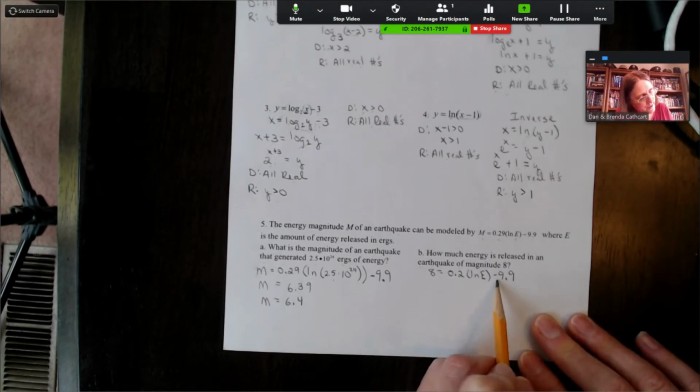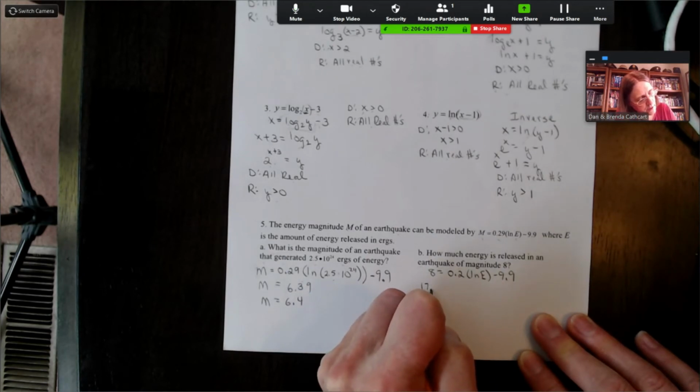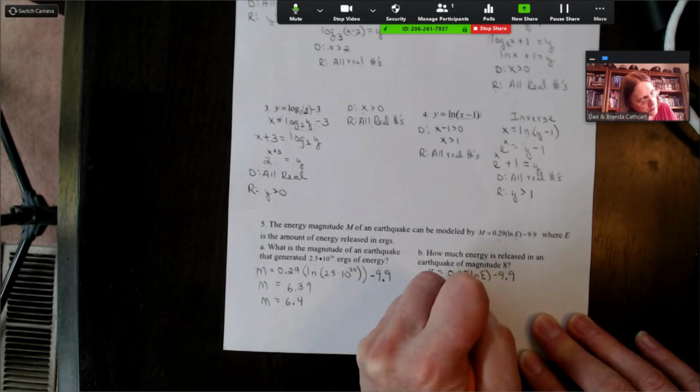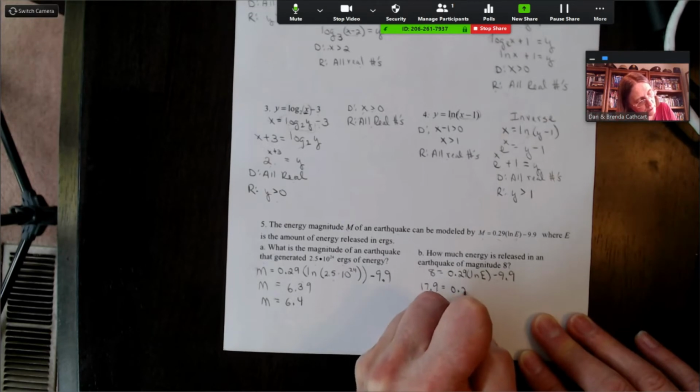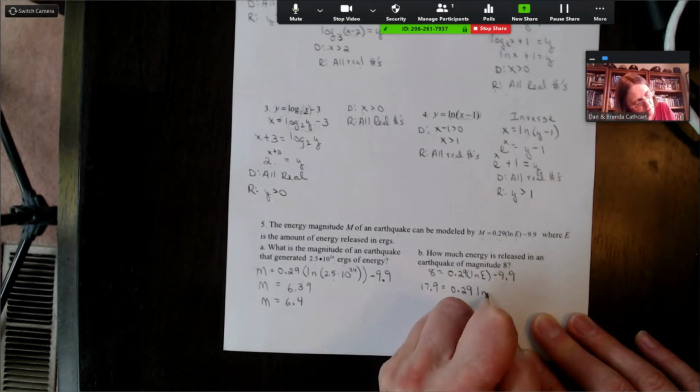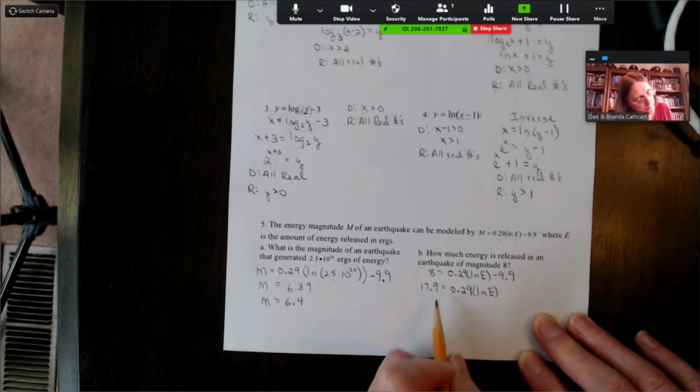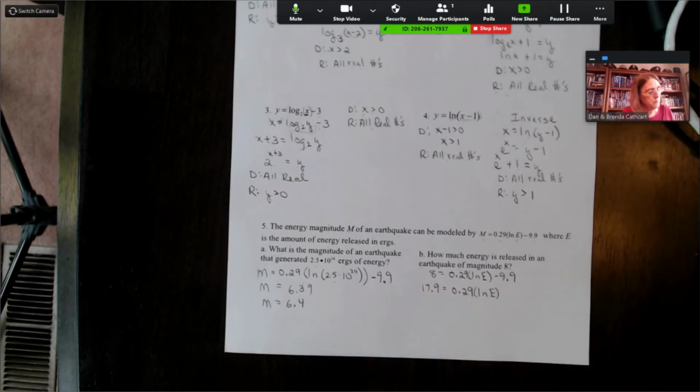So we're going to add 9.9 to both sides. We get 17.9 equals 0.29 times the natural log of E. We undo multiplication by division, so we're going to take 17.9 and divide by 0.29.